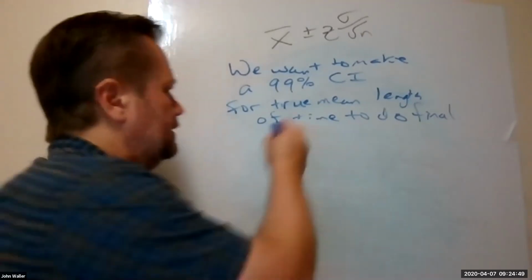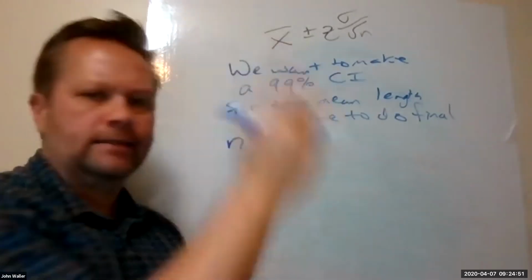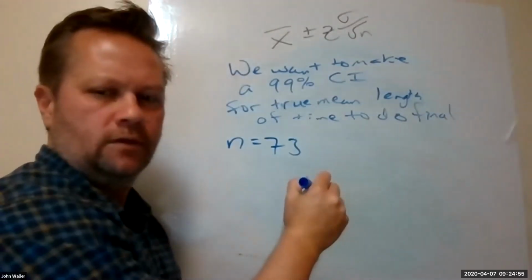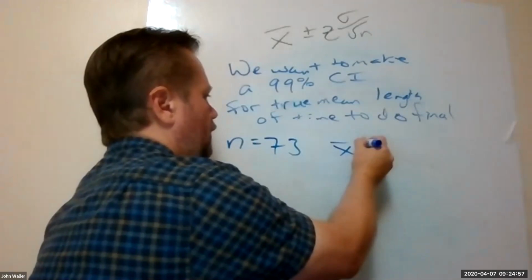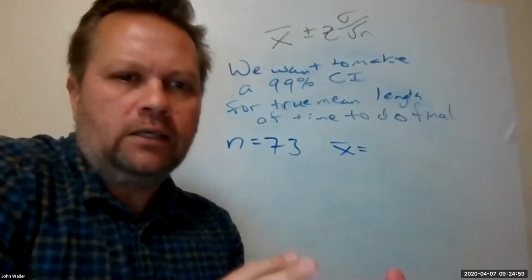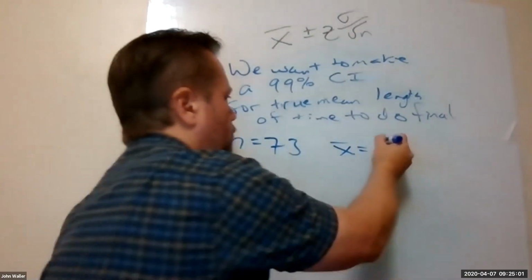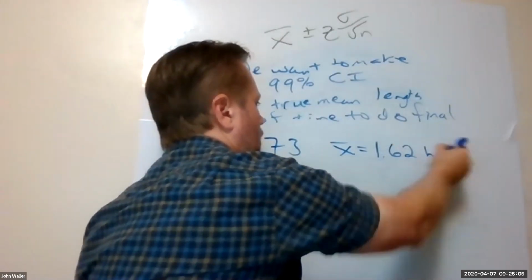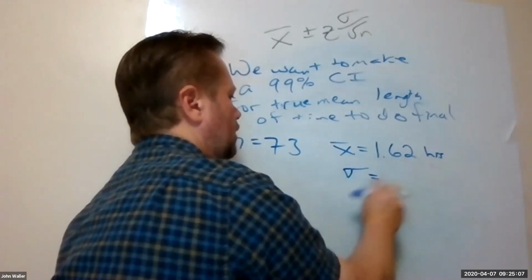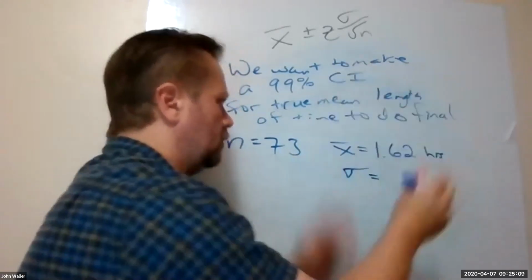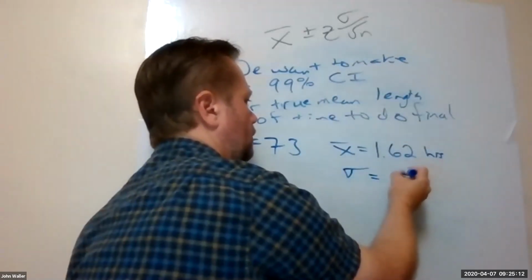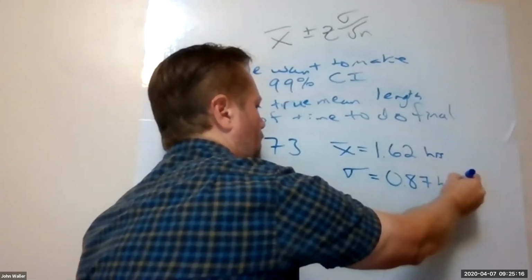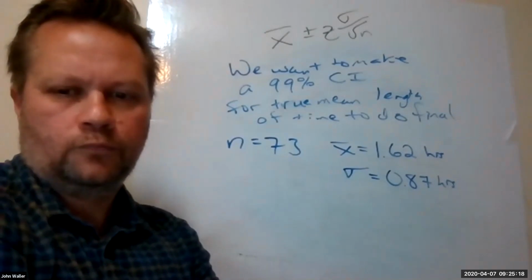So we take a sample from the past of, let's say, 73 students, and we find a mean of 1.62 hours. And I know the standard deviation of all of them is, what do you got, Jeff? 0.87 hours. All right, let me stop for a minute.